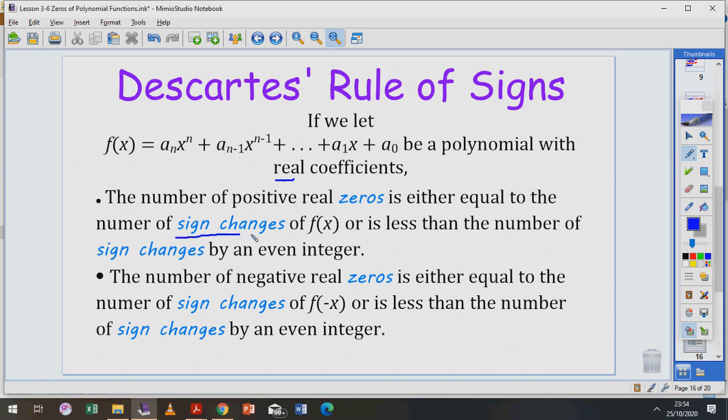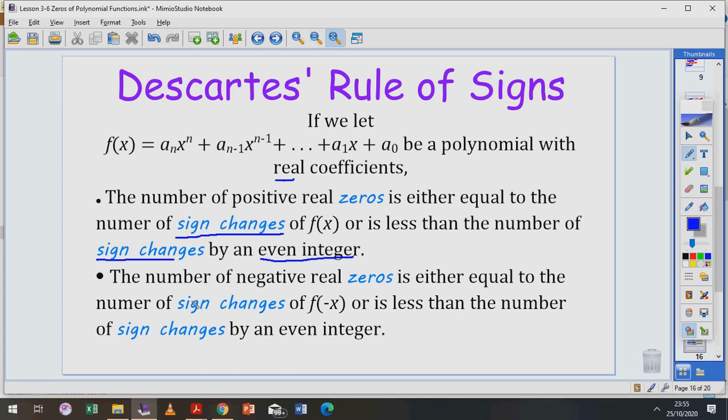Sign changes is how many times the sign changes in the function. So the number of intercepts which are positive for this function is equal to the number of sign changes of f of x, or is less than the number of those sign changes by an even integer. I'll show you what this means in an example.